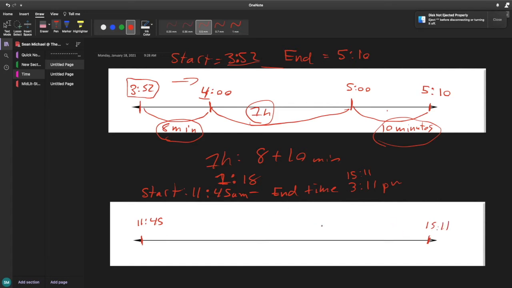Technically, when we're doing this jumping thing, you can keep it in the 12-hour time, but I always find it easier if you just put it in the army time, because then you're just counting up and you don't have to have a reset partway through, right? So 11:45. So what's the first thing we want to do? Normally the first thing you want to do is get this number up to the nearest, like, just even number. So when I say even number, I'm thinking like 7 o'clock, 8 o'clock, 9 o'clock, 10 o'clock, 11 o'clock, 12 o'clock, 13 o'clock, 14 o'clock kind of thing.